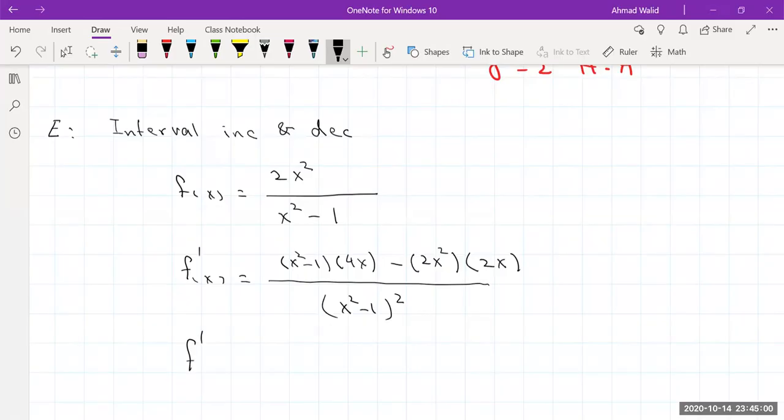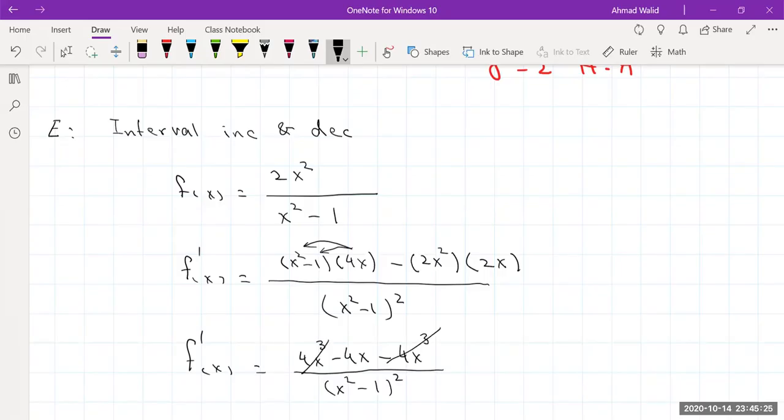Then f prime x equals, let's simplify the top. 4x times x squared gives you 4x cubed. Minus 4x, distribute 4x here, right? Minus 4x here, minus 4x cubed over x squared minus 1 all squared.